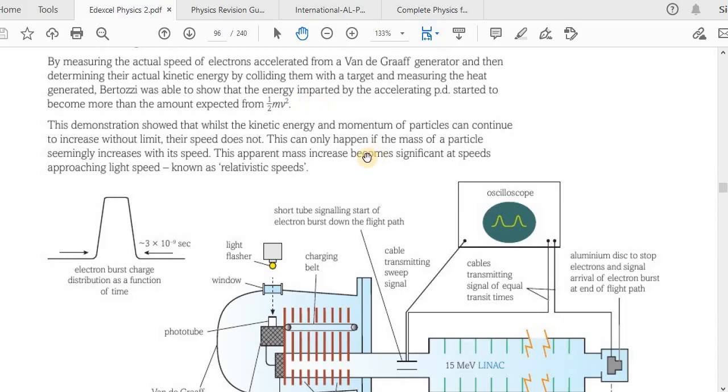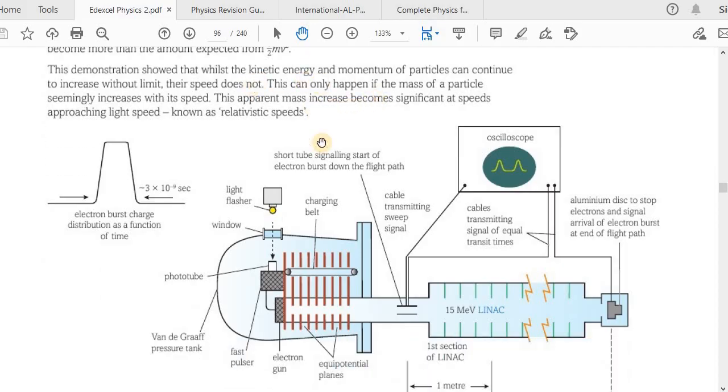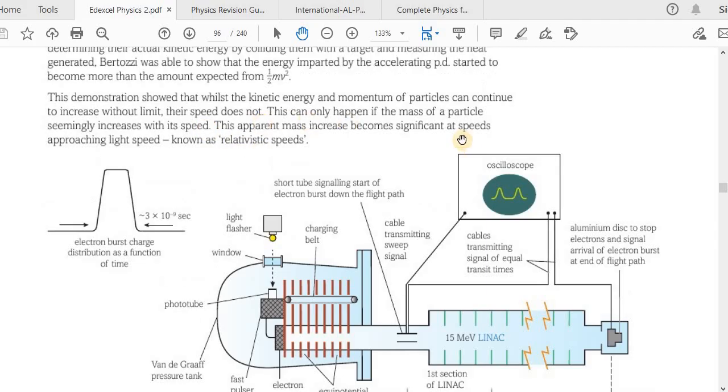This demonstration showed that whilst the kinetic energy and momentum of the particles can continue to increase without limit, their speed does not. This can only happen if the mass of the particle seemingly increases with speed. This apparent mass increase becomes significant at speeds approaching light, known as relativistic speeds.